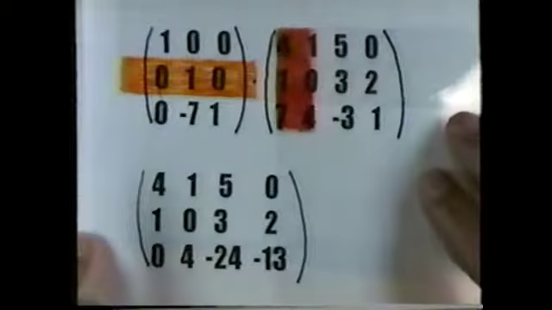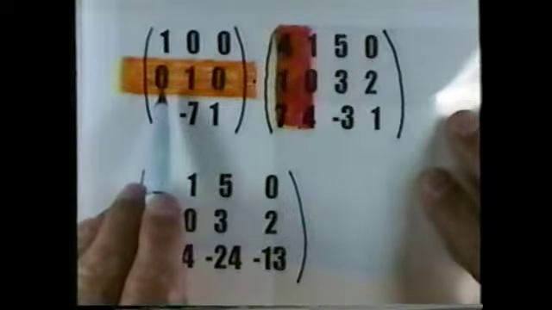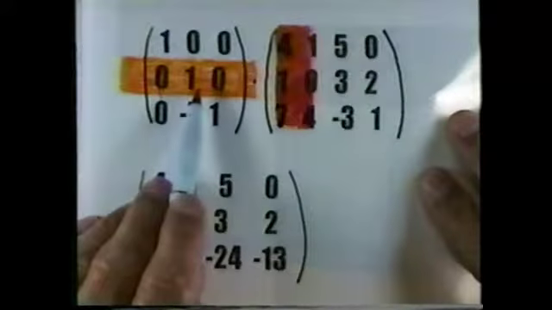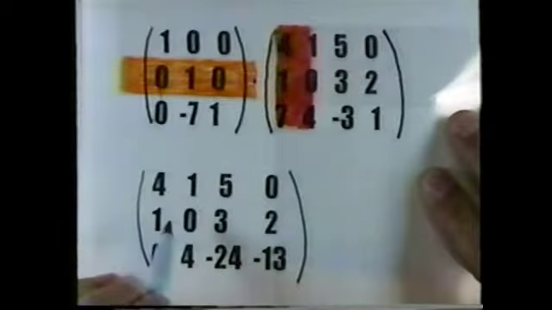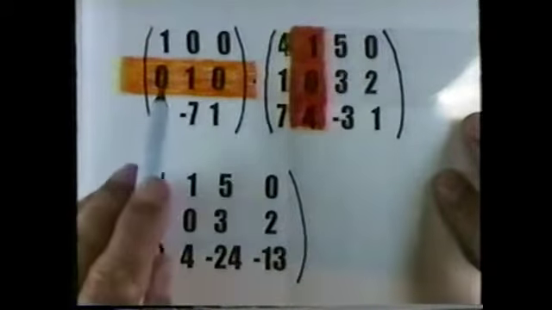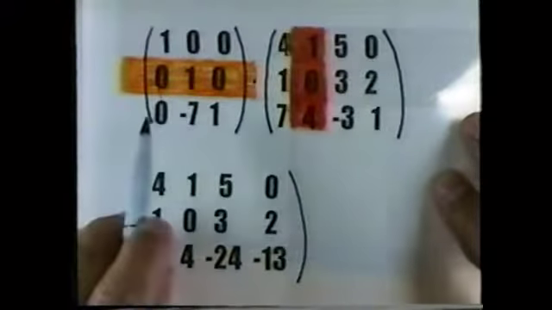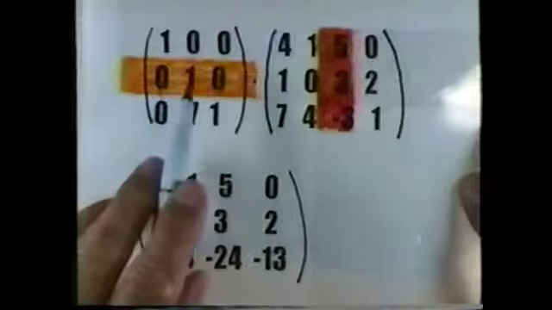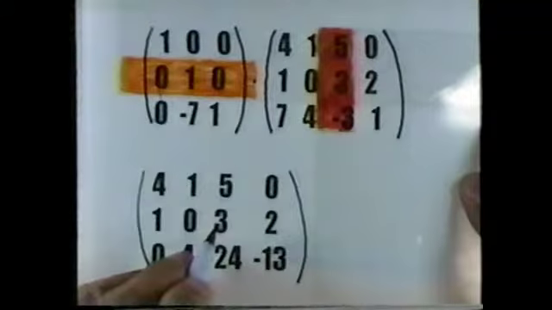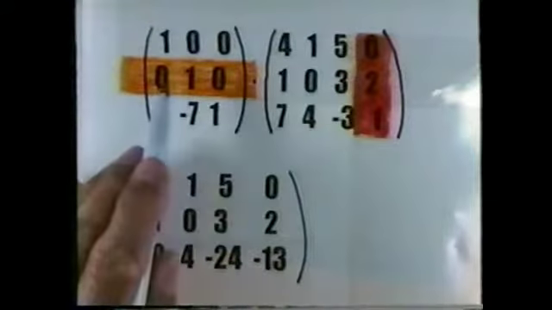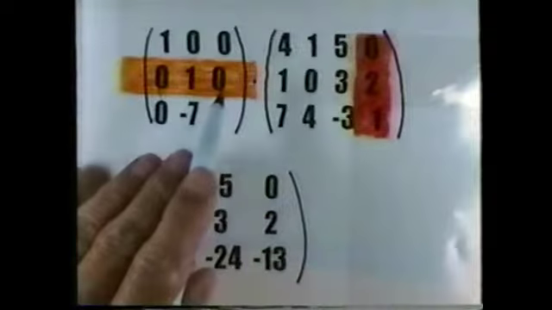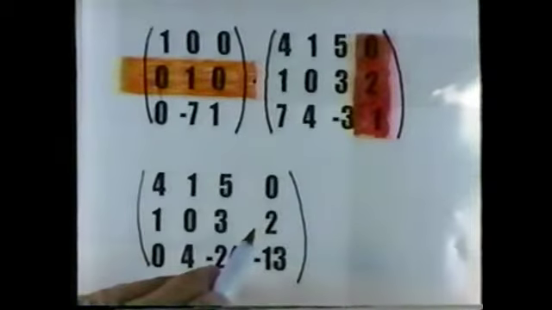Now, of course, it's going to be 0 plus 1 plus 0, so that would be 1. 0, 0, 0, 0, 3, 0, so that's 3. 0, 2, 0, so that one is 2.